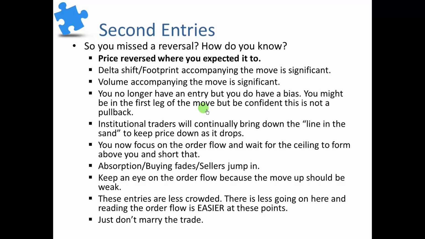Okay, that's one of the first things you look for to tell if a move is a reversal or a pullback. Secondly, the delta or the footprint accompanying the move is significant. Okay, and we'll look at how to spot this shortly. Third, the volume accompanying the move is significant, and also the number of ticks in that pullback, in that leg, in that swing is also significant.